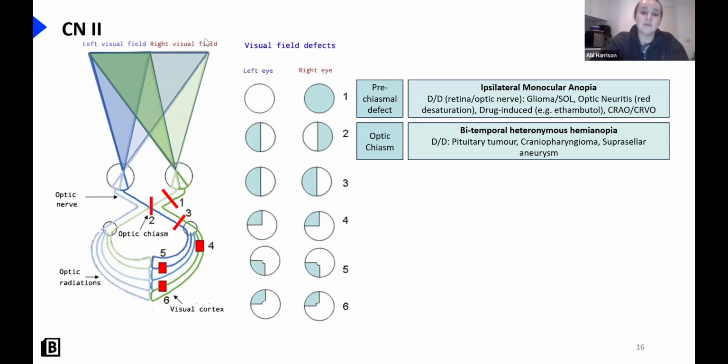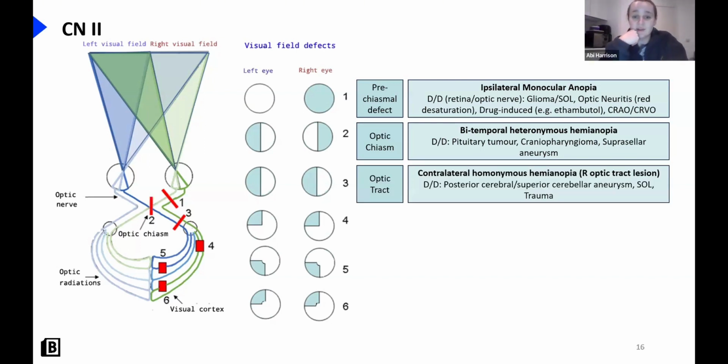So you can see from the blue image in the middle that this person can't see anything in their temporal visual fields, which the nasal retinal fibres are responsible for. This is called a bitemporal heteronomous hemianopia, and that essentially means that you can't see half of your vision, the temporal half in each eye. Other differentials for this are craniopharyngiomas and suprasellar aneurysms.